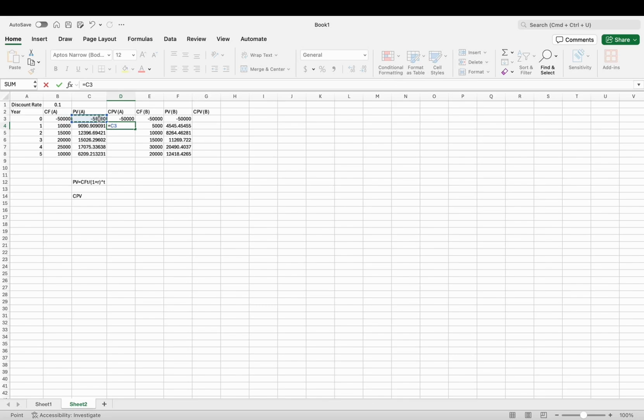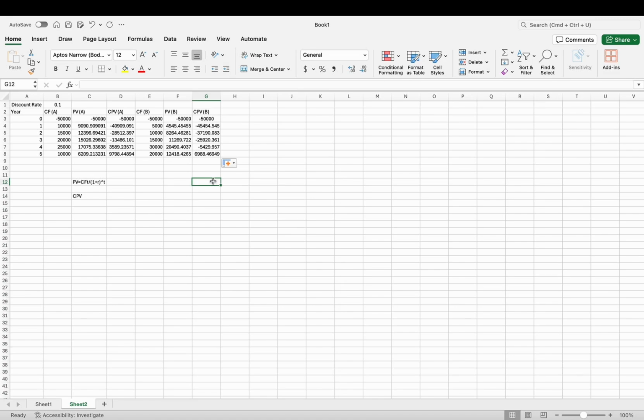For year 1, I'll just sum the CPV in year 0 and the present value in year 1, so D3 plus C4. And then I'll just drag it down for all of them. And then we can do the same for project B. So we're going to have minus 50,000 here, and then we'll just sum the CPV in project B and the PV in B, and we'll drag it down.